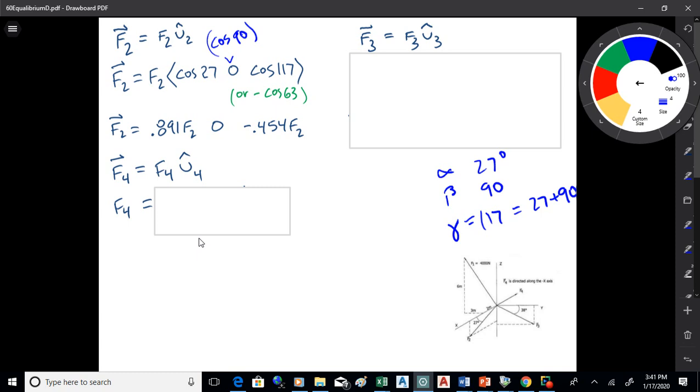Okay, so figure out alpha, beta, and gamma for F3. I'm sorry, F3.